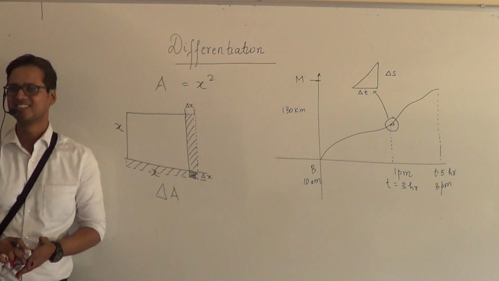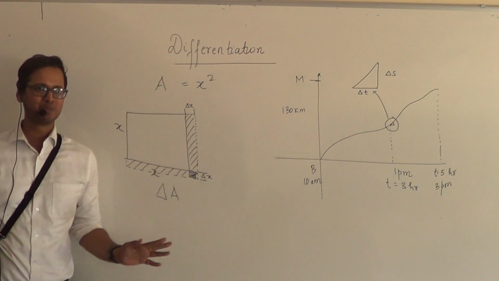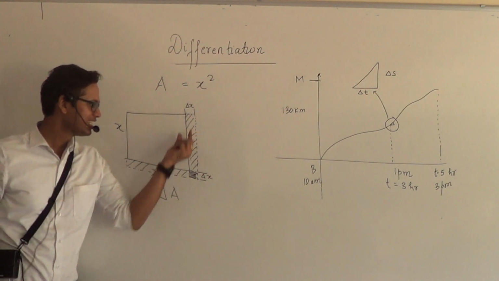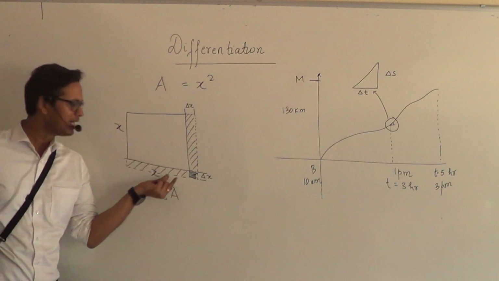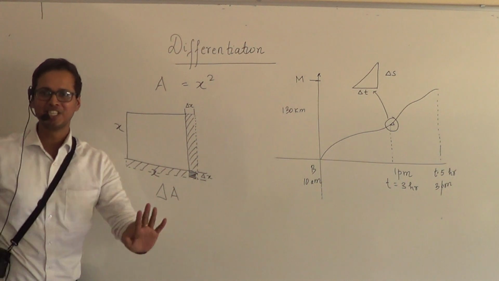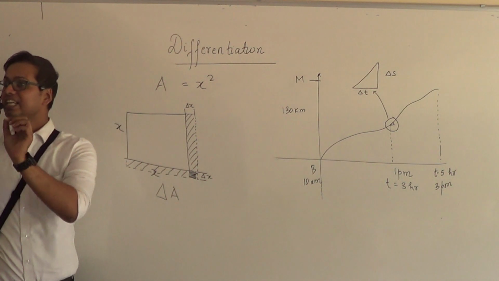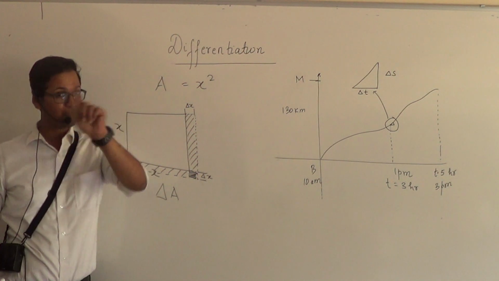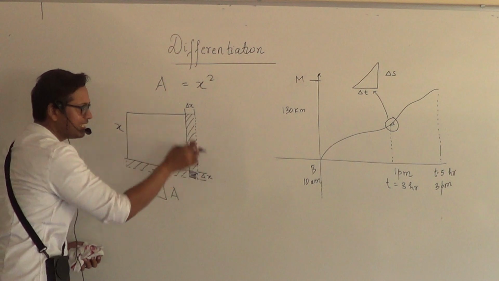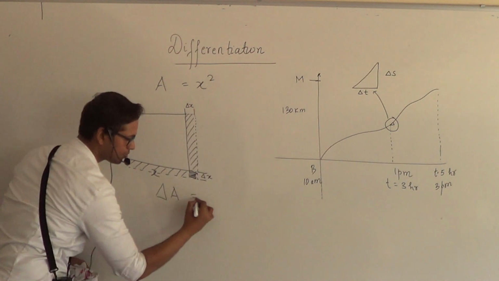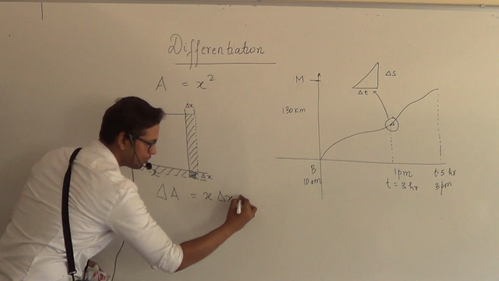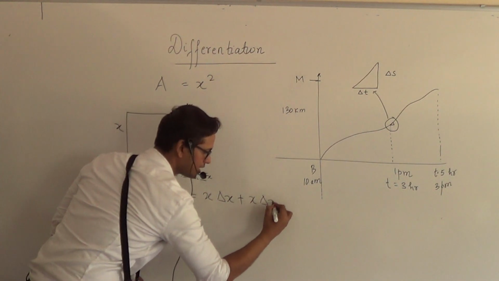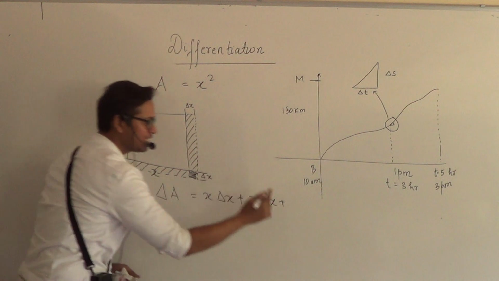A person who knows geometry, if you ask them how much has the area changed, will say, simple. This strip has come, and this square has come. So can I say the area of the square has changed by x into delta x plus again x into delta x plus delta x square?